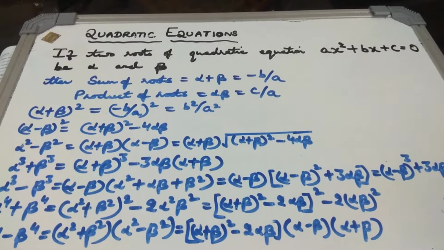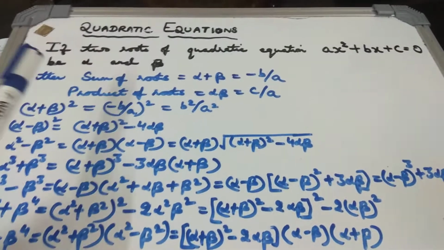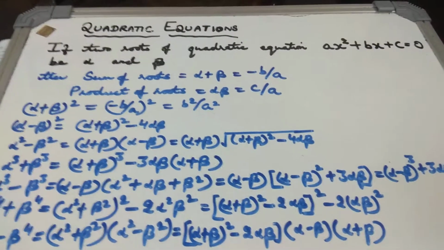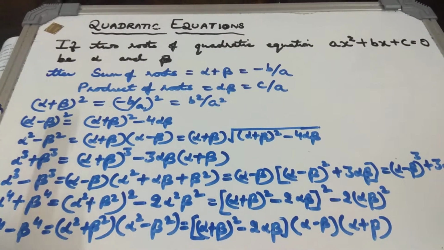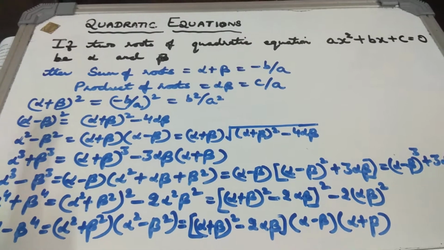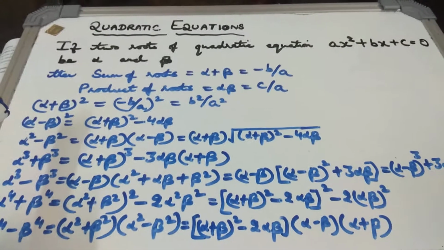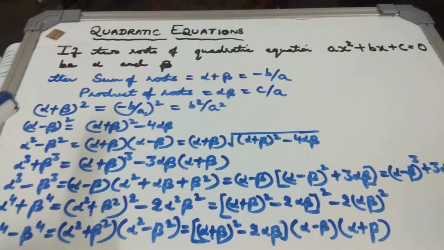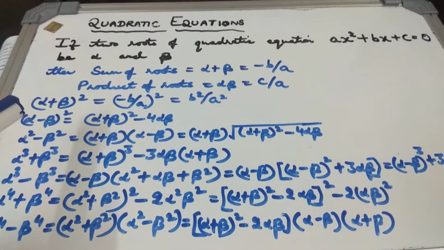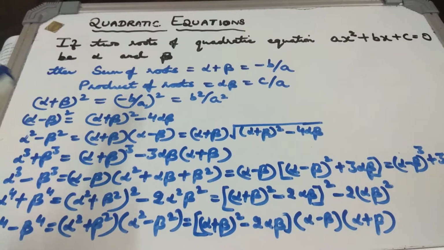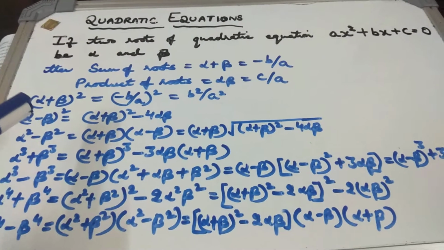So first and foremost, you are required to keep in your mind these two relationships, that is sum of the roots is alpha plus beta equals to minus b by a. Minus b means minus coefficient of the middle term or the second term upon the coefficient of the first term, that is x square.